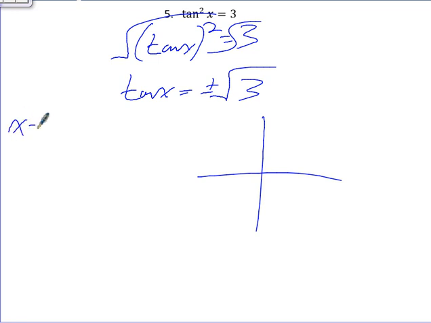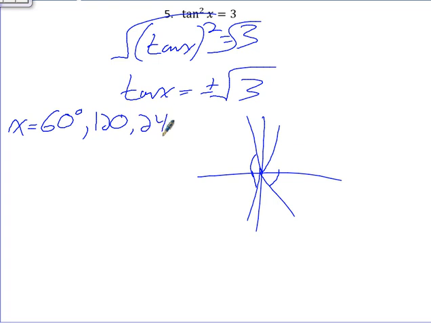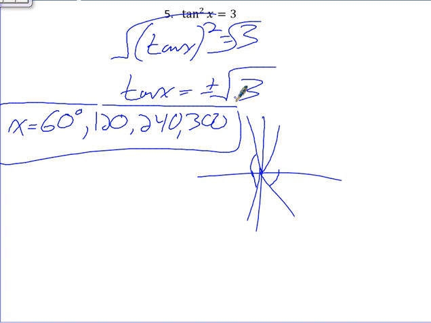So I know if I look at my chart, tangent equals root 3 at 60 degrees. So now I need to look at a 60-degree reference angle in all 4 quadrants. Okay? So it's going to be 60 degrees, 120 degrees, 240, and 300. So when you get the plus or minus, you're going to have a solution in all 4 quadrants.